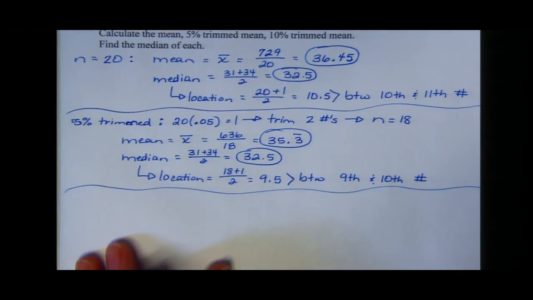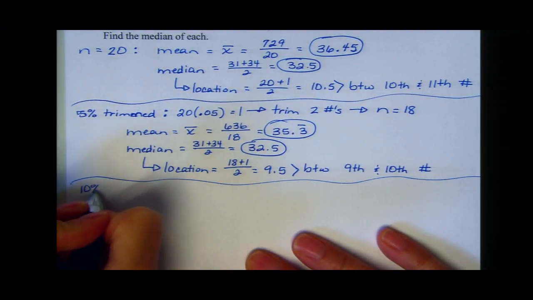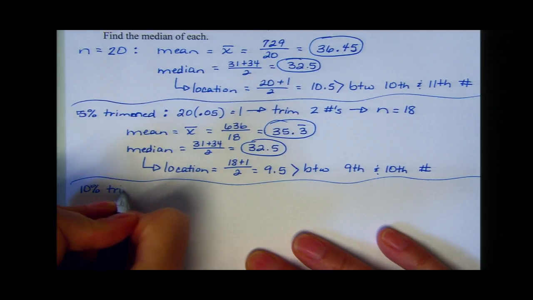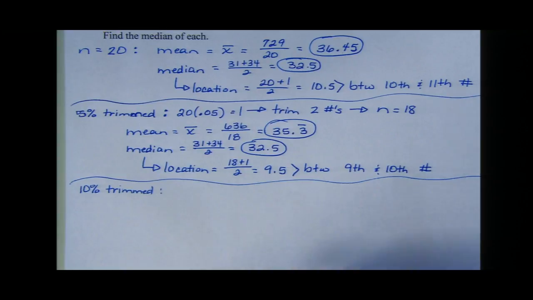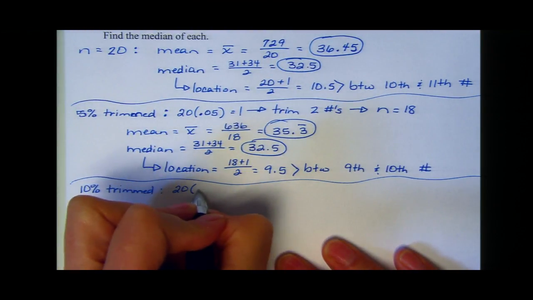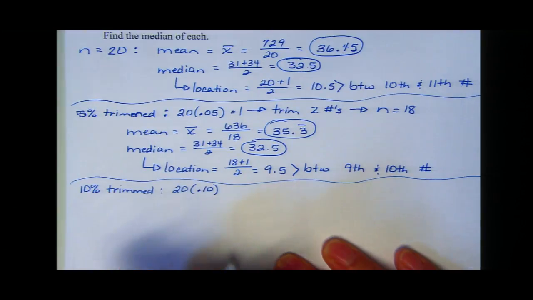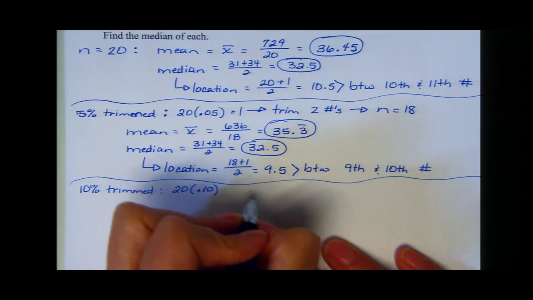All right, so now what we're going to do is calculate the 10% trimmed mean. Now, when we want to know how many numbers to eliminate, we go back to the original 20 numbers. So I take the 20 numbers times 10%, or 0.1, which gives you 2.